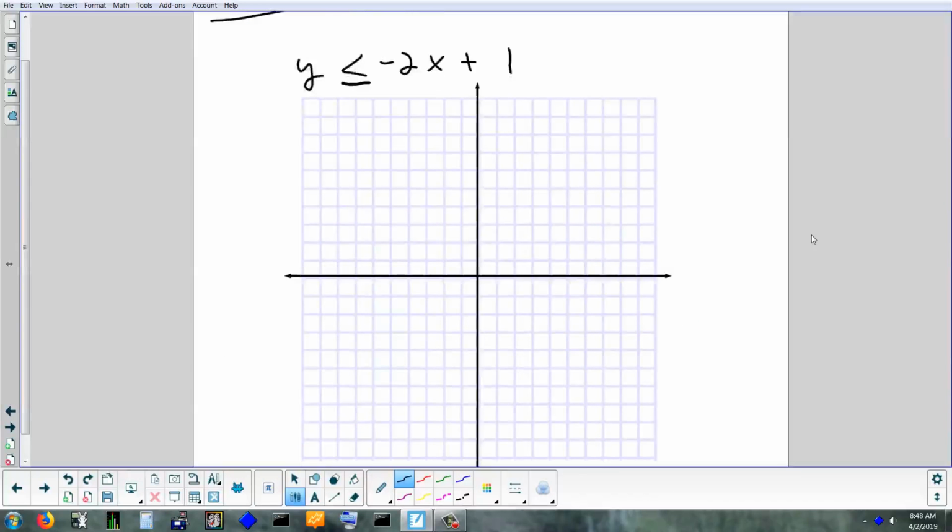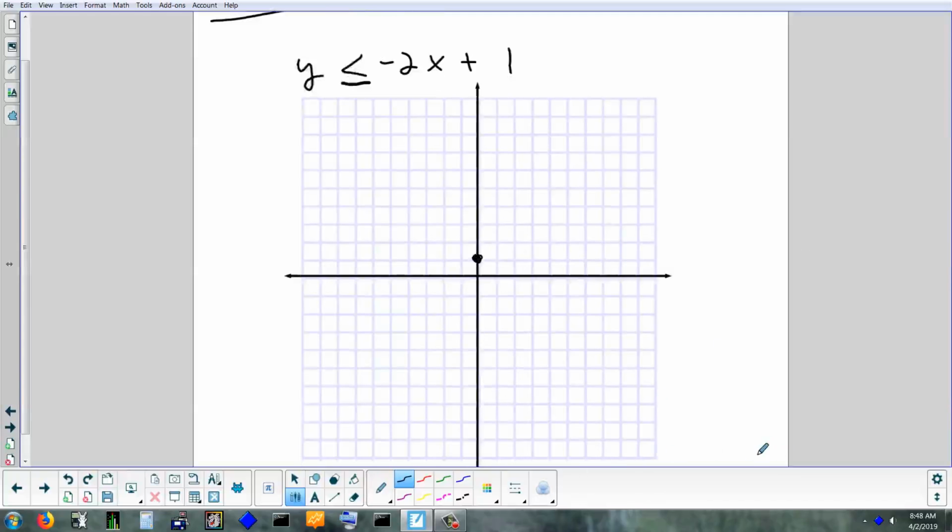Where do we start? What do we use to start? I'm not sure, you can look at your notes too. Again, there's only 2 numbers there. We have a -2 with the x attached, and we have the 1. Why are we going to start at 1? What is it? Y-axis, okay. So I'm going to go here from the origin, and I'm just going to go to 1.